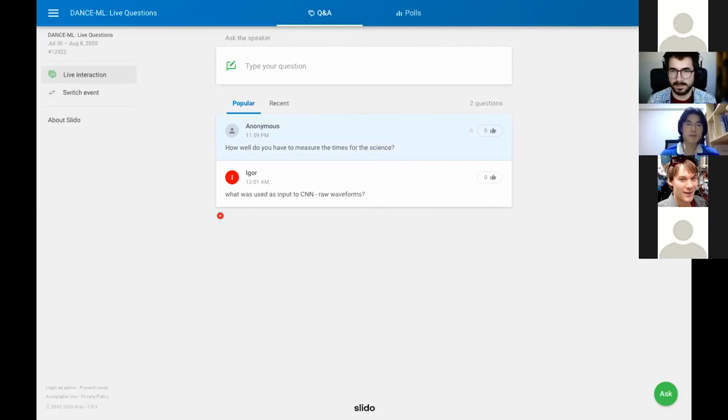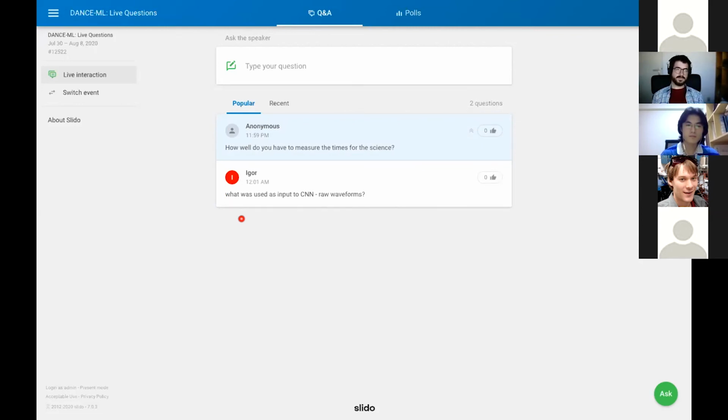May I answer this question? How well do you have to measure the times for science? I think it boils down to the vertex resolution for large liquid scintillator detectors. So if the detector is large, we have to rely on the time of flight measurement of photons.